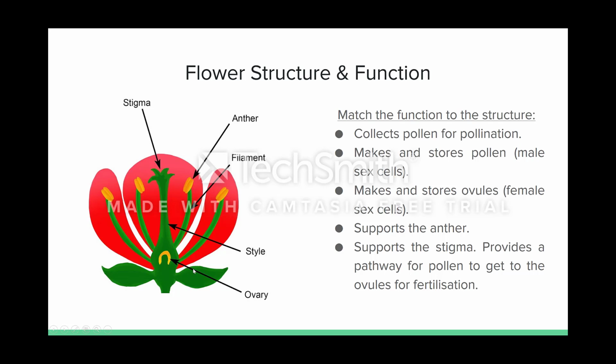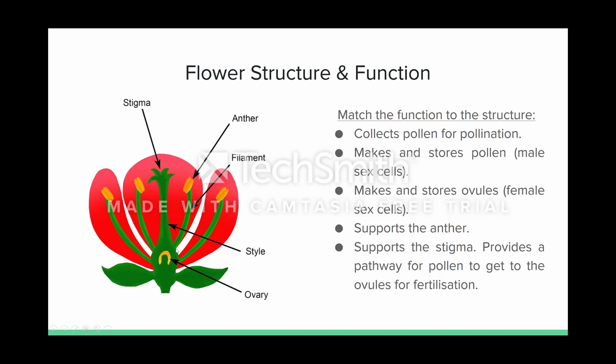You've also got things like petals, which aren't labelled but are important. They're going to be attractive to any insect coming in to get any pollen that it might need. Please also recognise that flowers are hermaphrodite, so they have male and female sex organs.